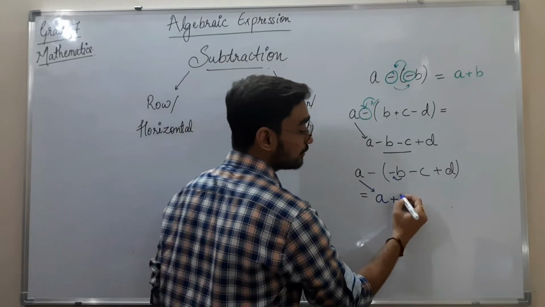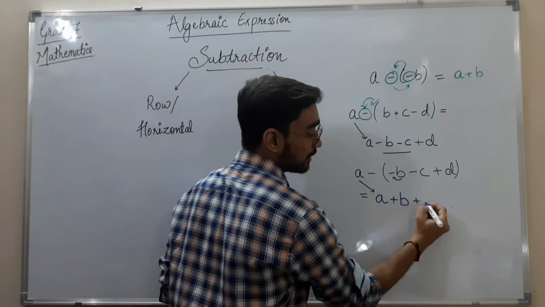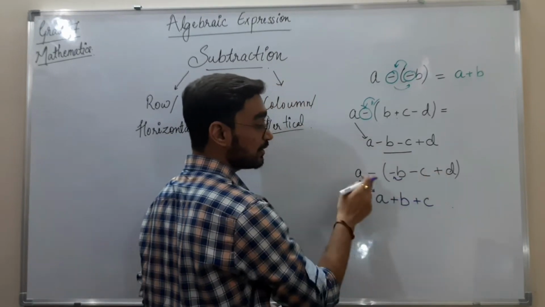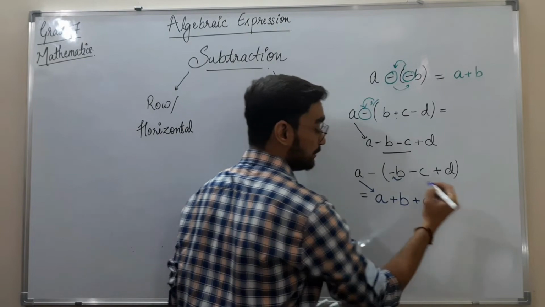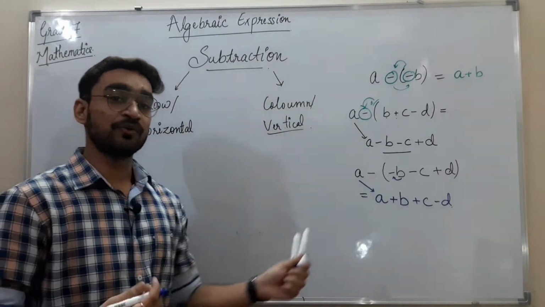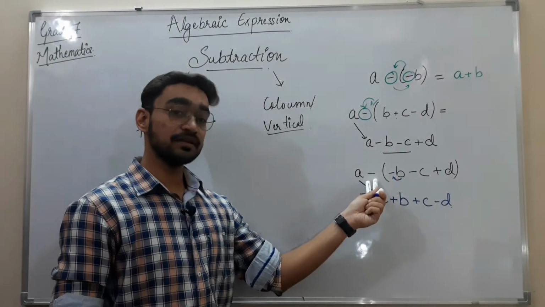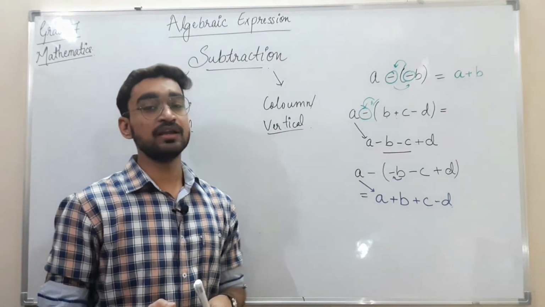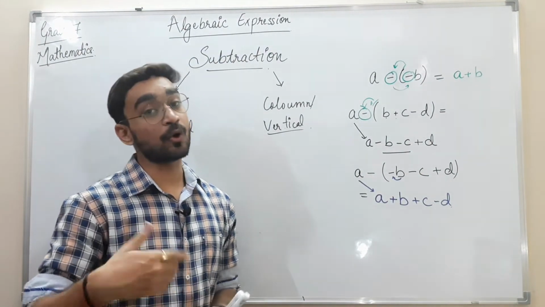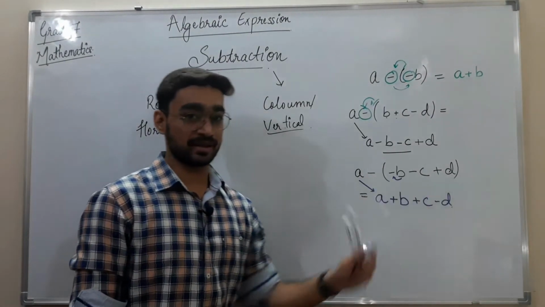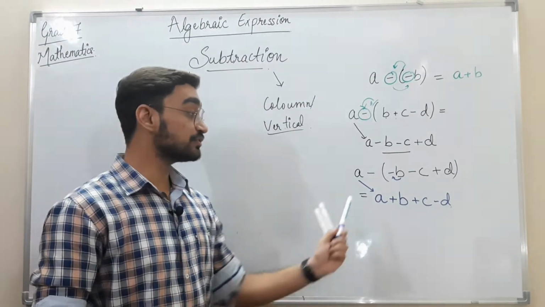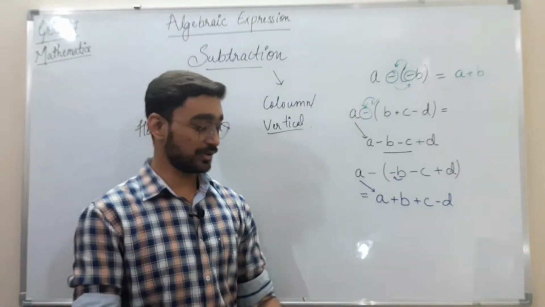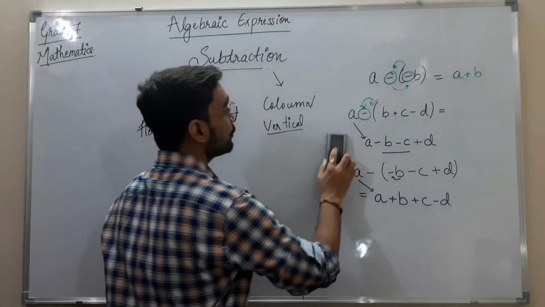This minus will become again plus c, and this plus will become minus d. So always remember that whenever the symbol of minus is there before a bracket, you always need to change all the symbols which are only inside the bracket. Okay, I hope you have understood this.